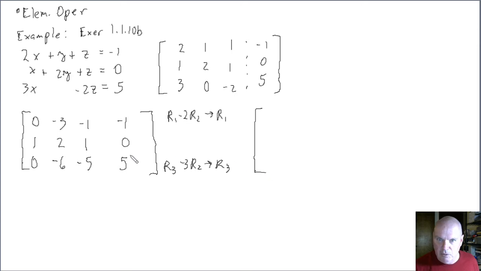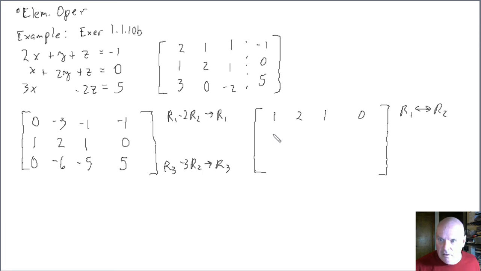Again, I'm striving to come up with a triangular form. So I'm going to swap rows 1 and 2 because row 2 has the leading 1: 1, 2, 1, 0. That corresponding operation is just swapping row 1 and row 2.